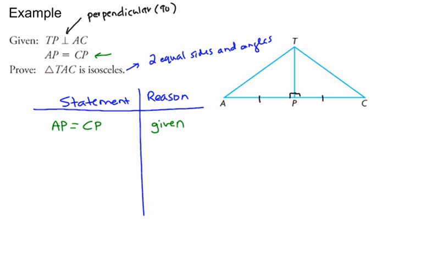How about angle APT and angle CPT? Well, angle APT is equal to angle CPT. Why is that? What was given? Well, it was given that TP was perpendicular to AC. So both 90 degrees.